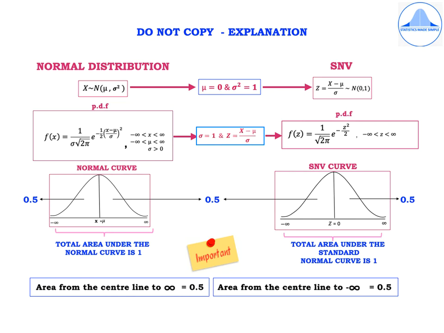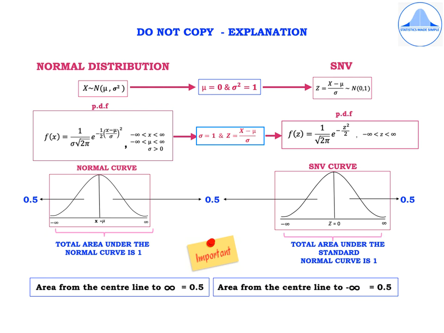And like I already mentioned, because this PDF is in terms of z, just like x and mu lie between minus infinity and infinity, here z will lie between minus infinity and infinity.